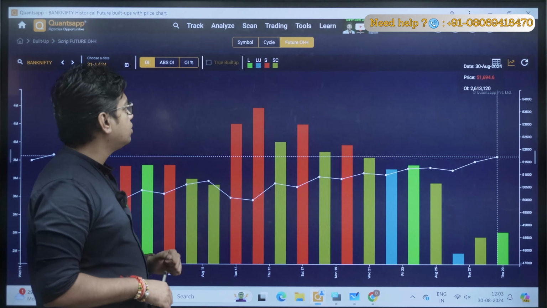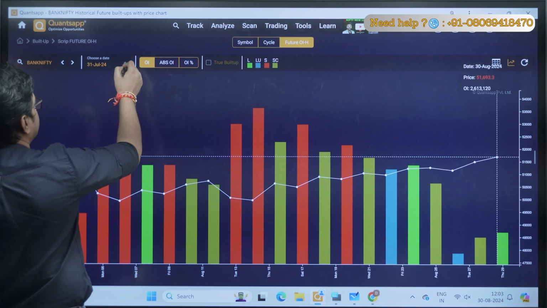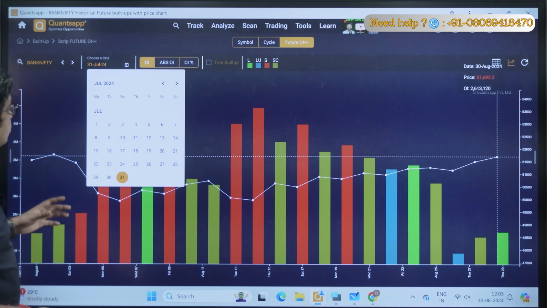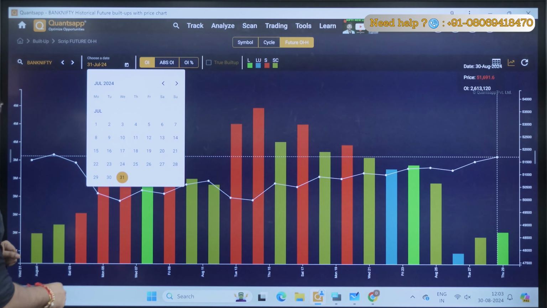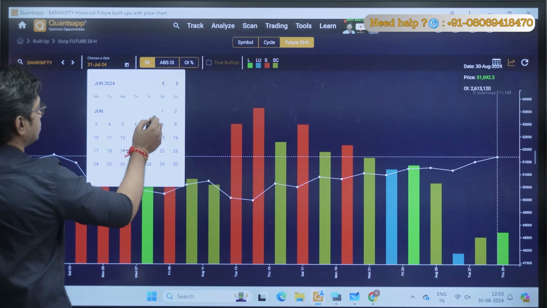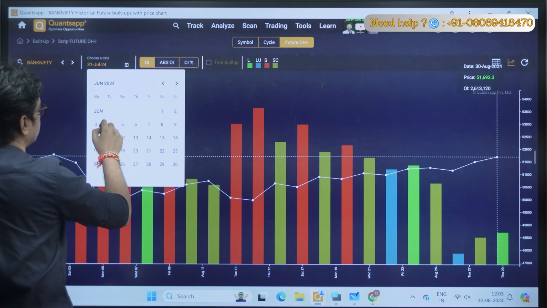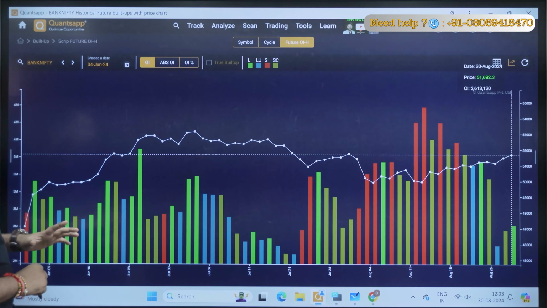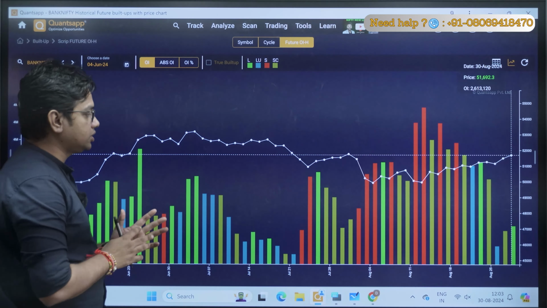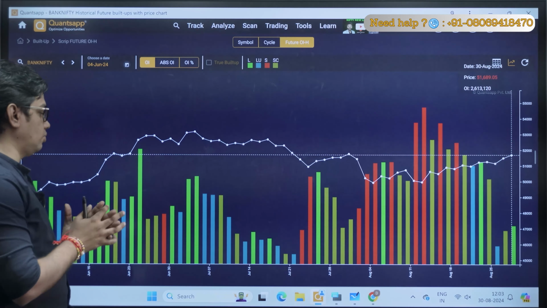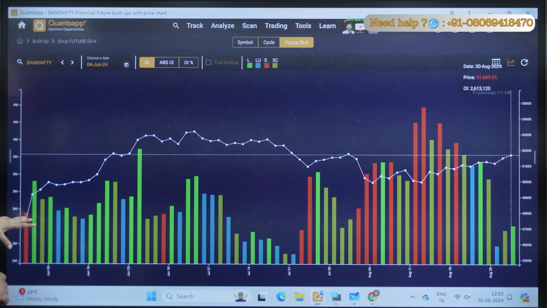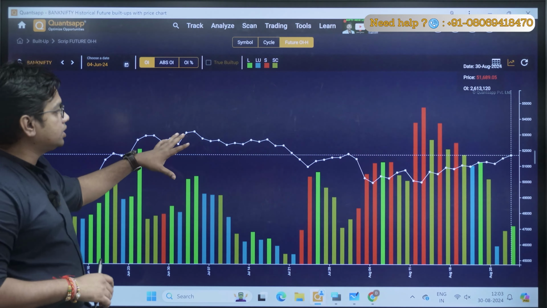So what I'll do, I'll just increase the time frame. So here I am looking from July 31. I'll increase it for a longer duration. I just want to see what the condition is right now. So here I can see the price has gone upwards till here.